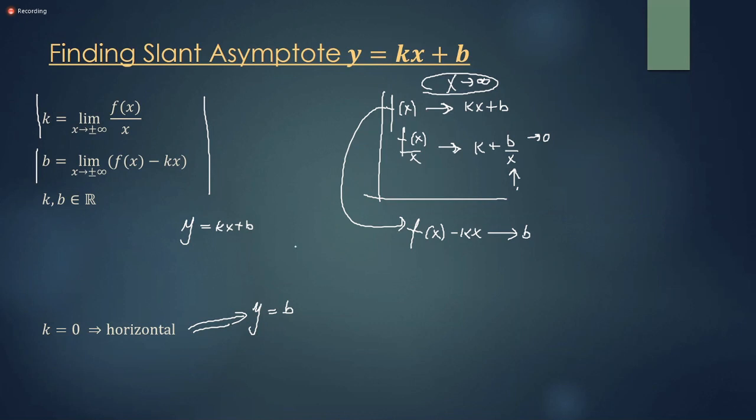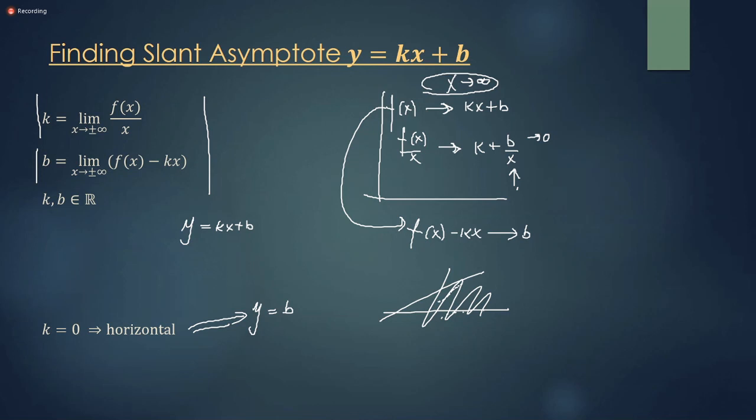You should understand, I hope, that a function cannot approach a slant line at the same time as a horizontal line. So it's either slant or horizontal, or maybe neither, but never both on one side. Yes, it could be horizontal on the left and slant on the right, but that's different.